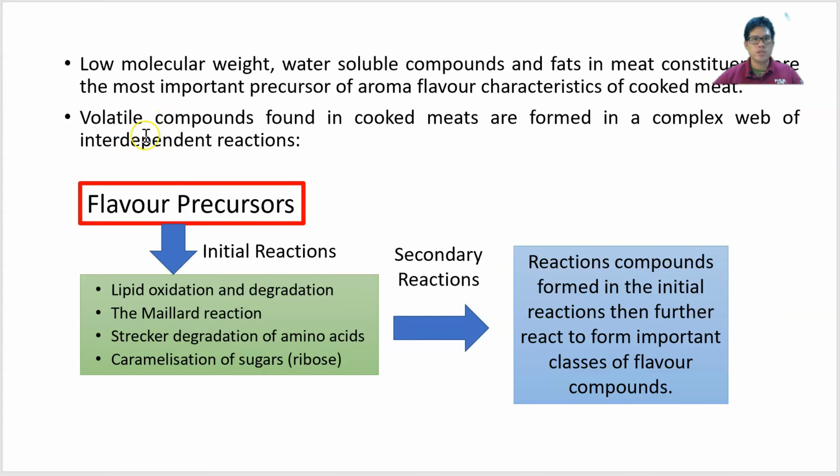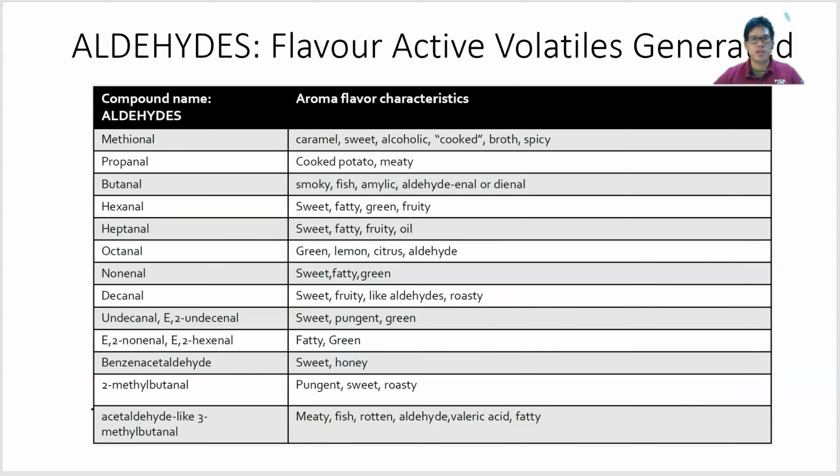So the flavor precursors can undergo all these reactions, like lipid oxidation, to form the initial products. The components generated from here can undergo secondary reactions to form more flavors. These are some of the examples that I have mentioned before. Aldehydes can link to certain types of flavors, for example propanal, cooked potato or meaty taste, butanal, smoky fish.